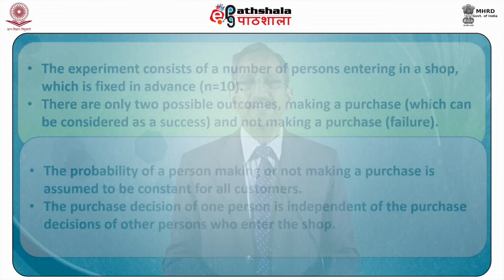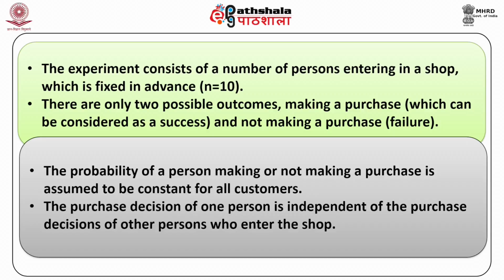So firstly, checking the 4 requirements for a Bernoulli experiment, we note that the experiment consists of a number of persons entering a shop, which is fixed in advance, let's say n equal to 10 in our current example. Then there are only 2 possible outcomes, making a purchase, which can be considered as a success, or not making a purchase, which is defined as a failure.